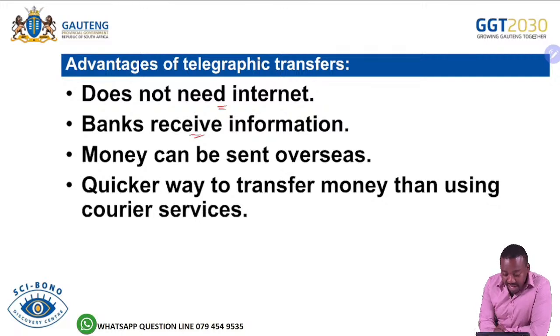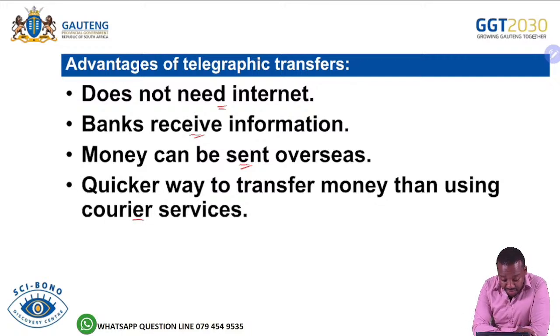Another advantage is that money can be sent overseas. Remember, in terms of location, transport is expensive and so on. So you can be able to send money overseas. We are also saying it is a quicker way to transfer money than using courier services.